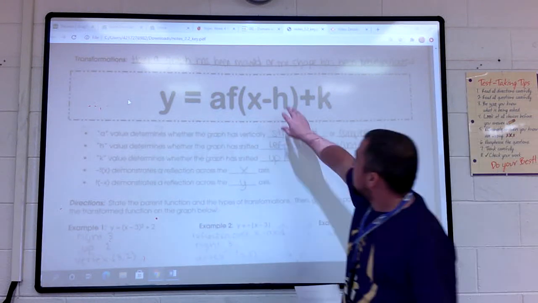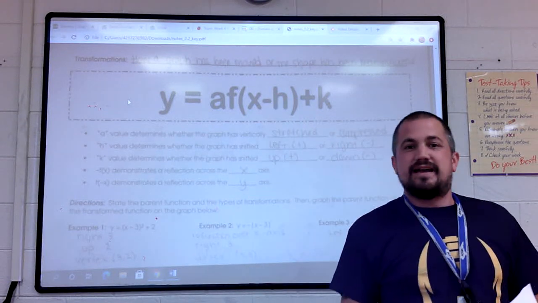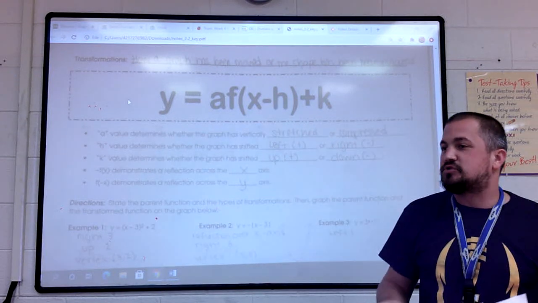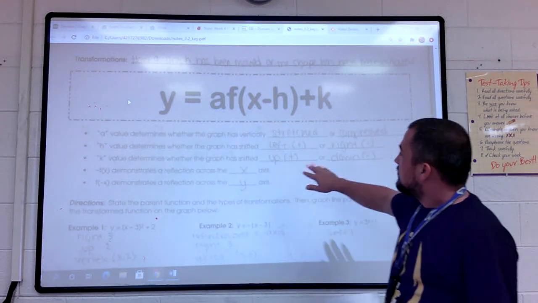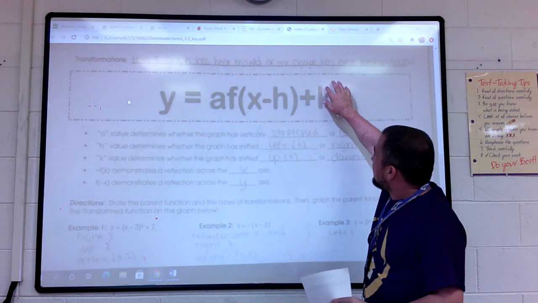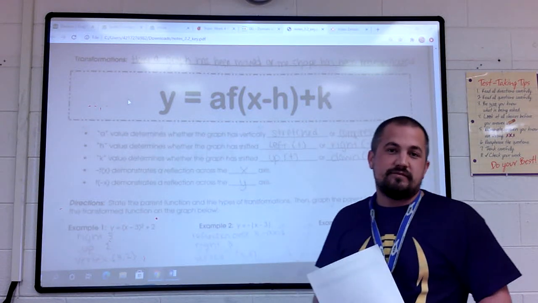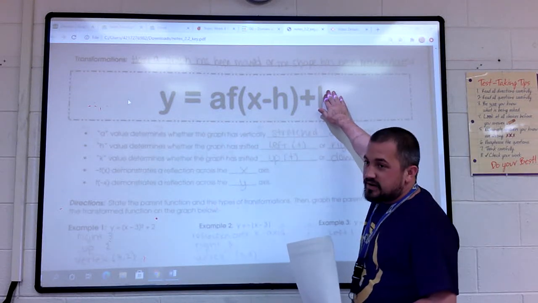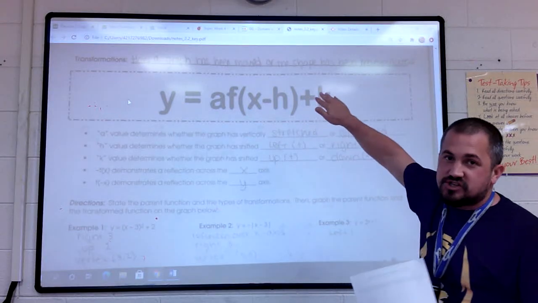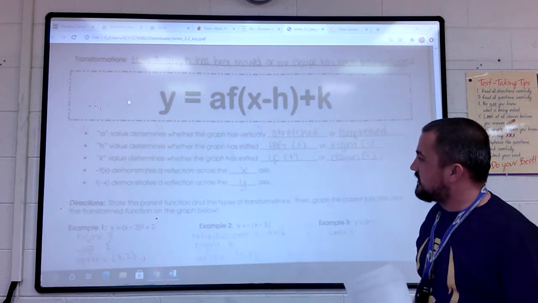Anytime you have a number inside of the parentheses, it's going to tell you whether it moved left or right. Adding means left, subtracting means right. The k value, the one at the end, outside of the parentheses, tells you how much the graph is shifted up and down. If you add a number here, it's going to go up by that much. If you subtract a number out here, it's going to go down by that much.